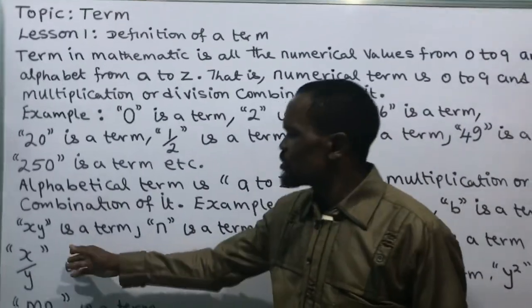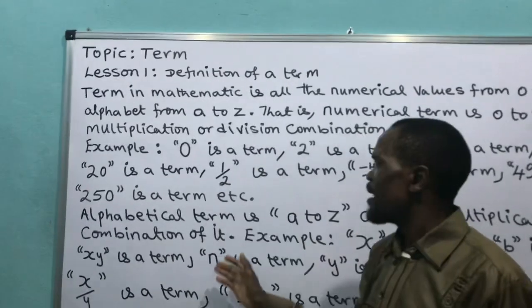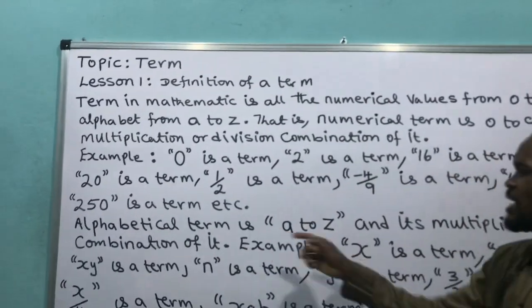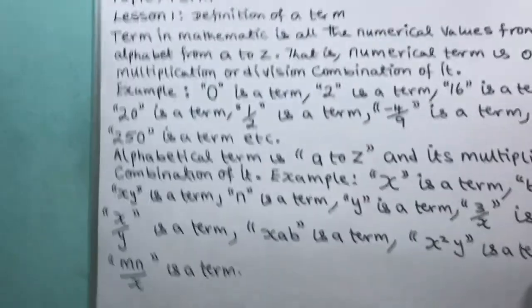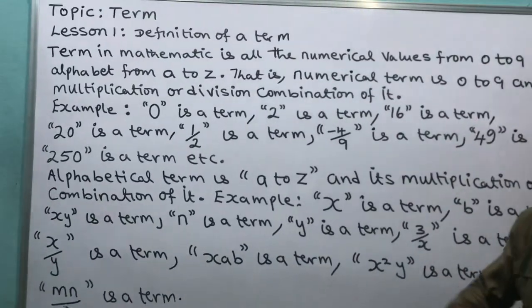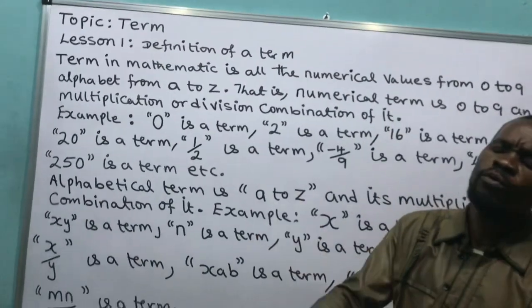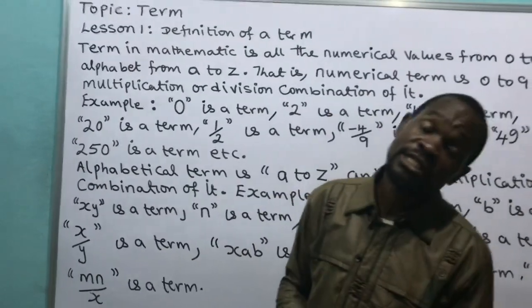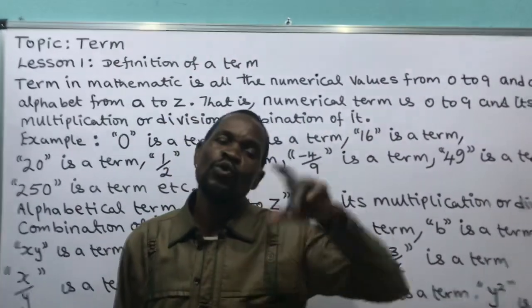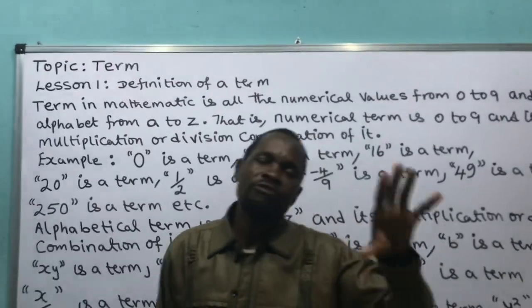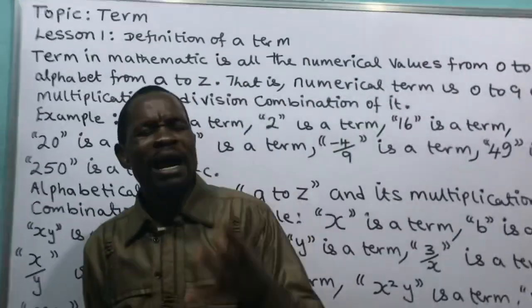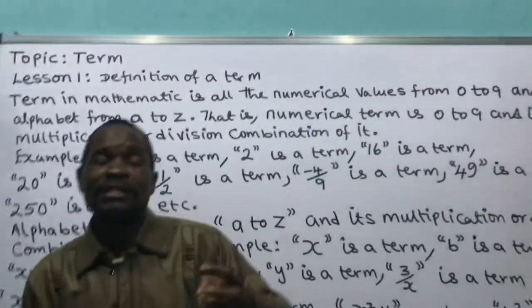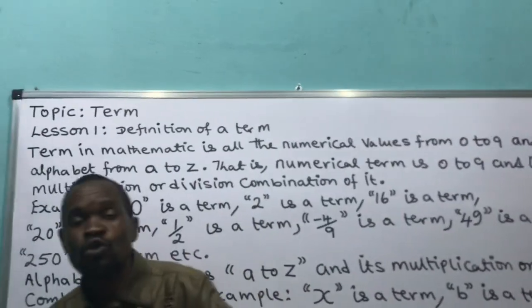Then we come again to say alphabetical term is A to Z. Any alphabet you write falls between A to Z. You note it? I said any alphabet you write in mathematics falls between A to Z, and any number value you write in mathematics falls from 0 to 9.